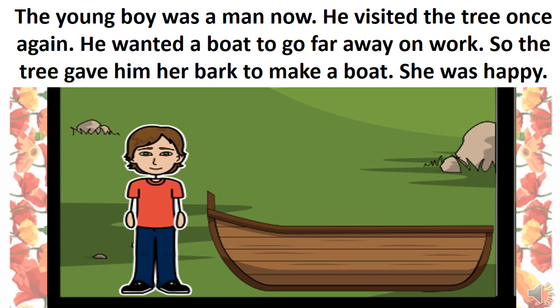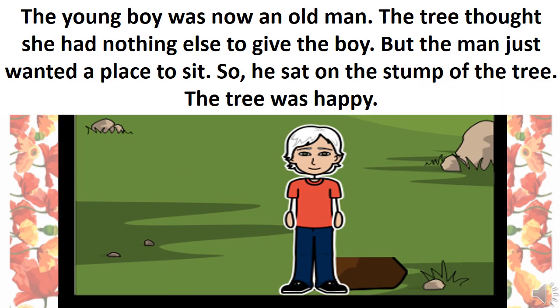The young boy was a man now. He visited the tree once again. He wanted a boat to go far away on work. So the tree gave him her bark to make a boat. She was happy. The young boy was now an old man.